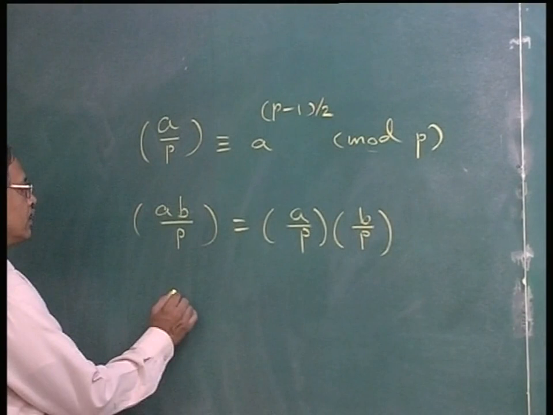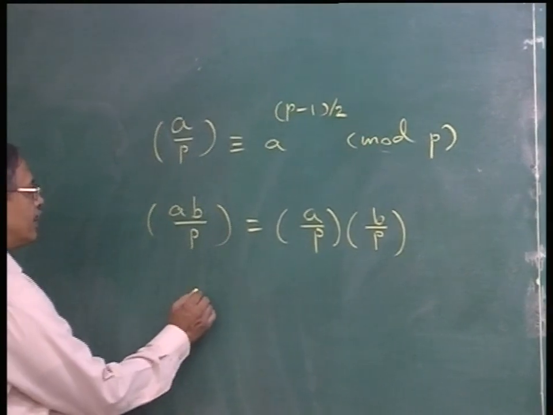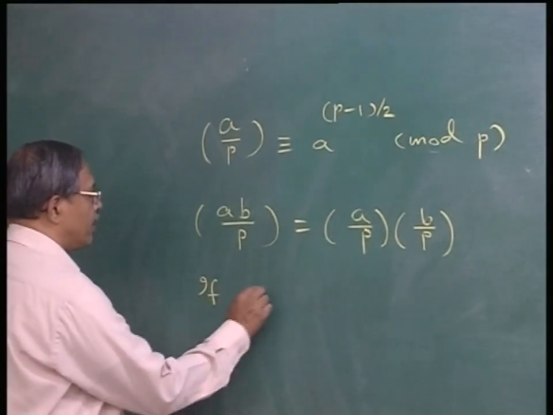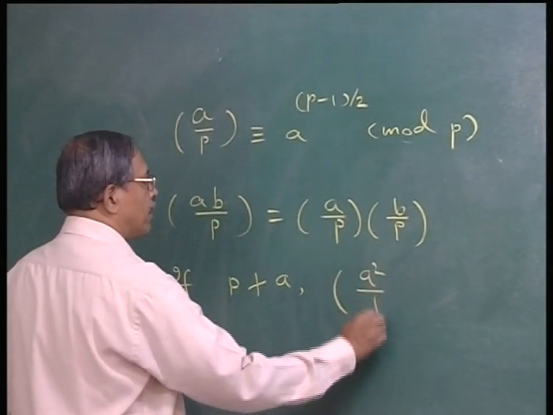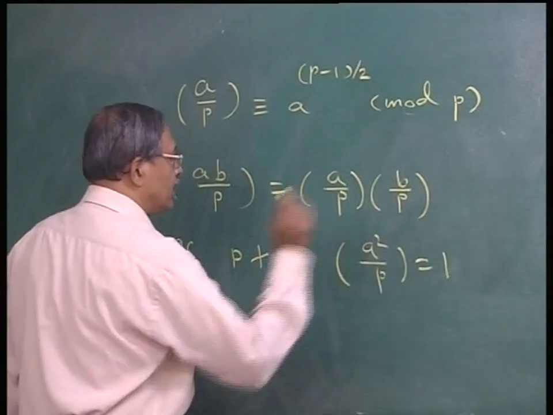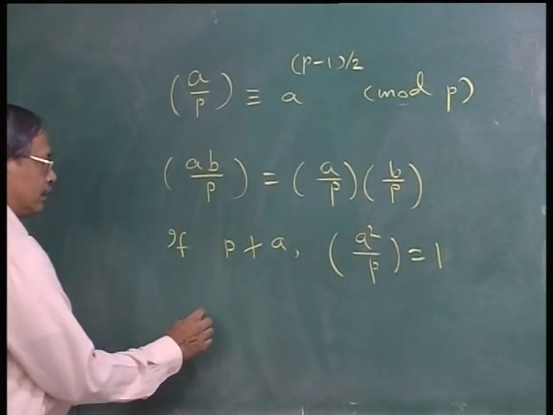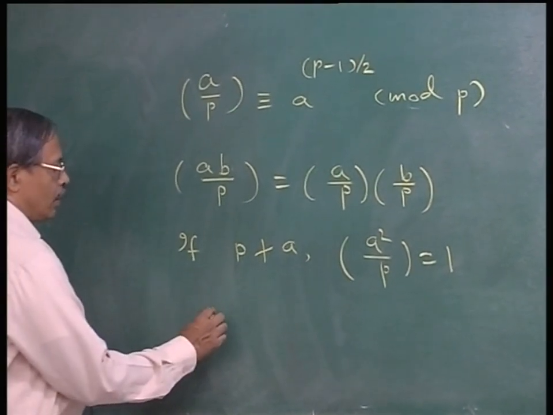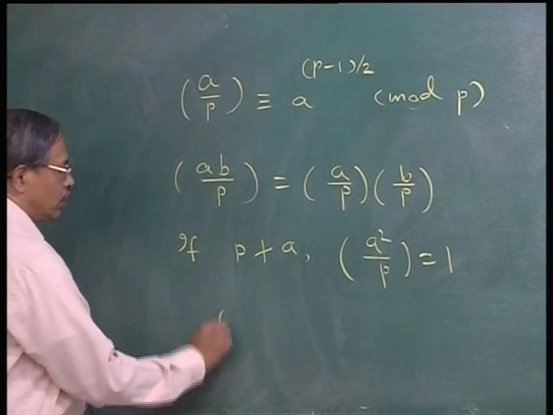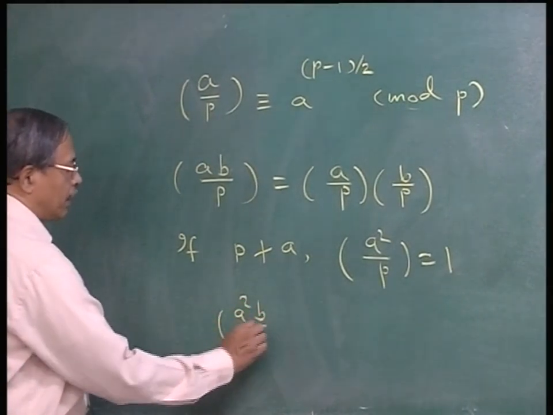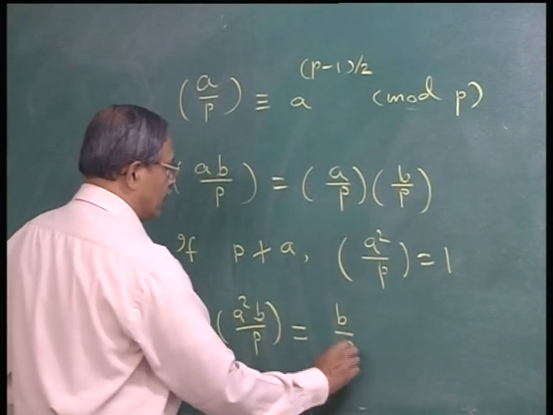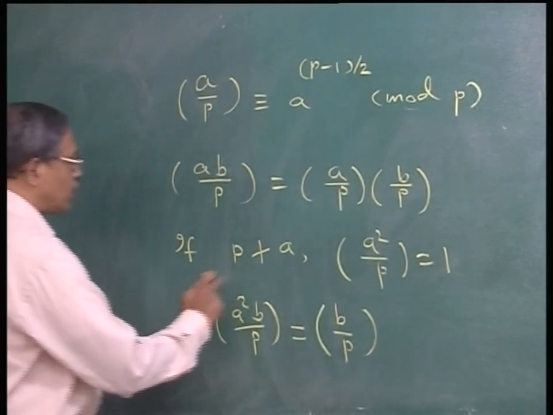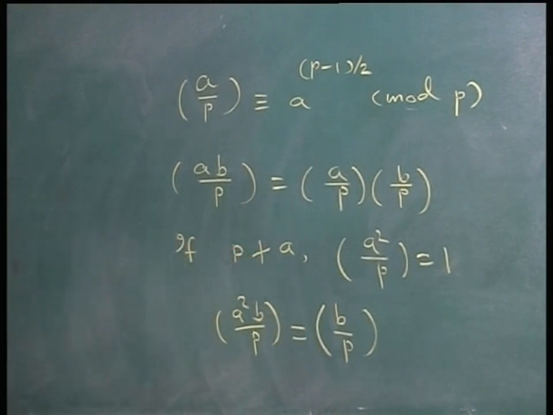We have seen some other properties, like if P does not divide A, A square by P is equal to 1. Also, A square B by P is equal to B by P. We can forget about this square provided P does not divide A.